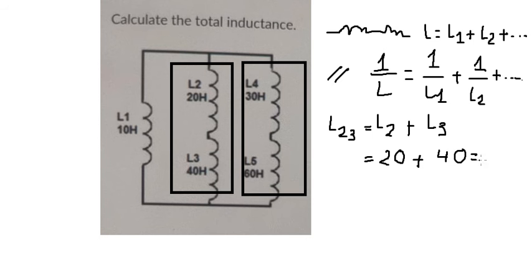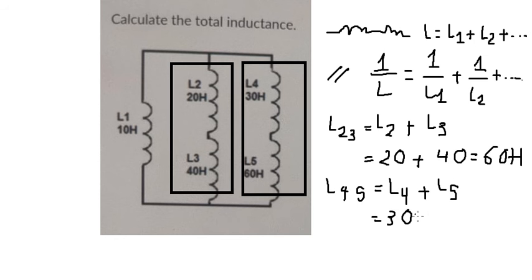So this one we get 60 henries. L4 and L5 are in series. So L4 is 30, L5 is 60. So this one you get 90 henries.